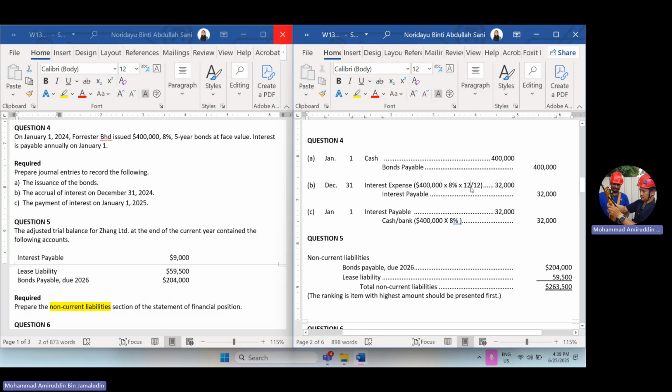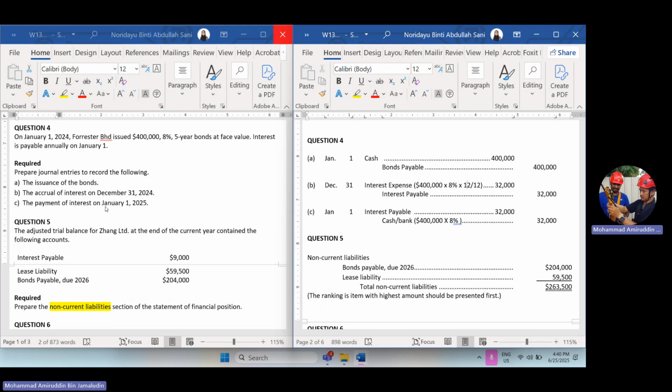You don't have to write this because it is 1 year, no issue. But I purposely write it so that you remember you need the apportionment of the month for your interest. So debit expenses, credit interest payable.